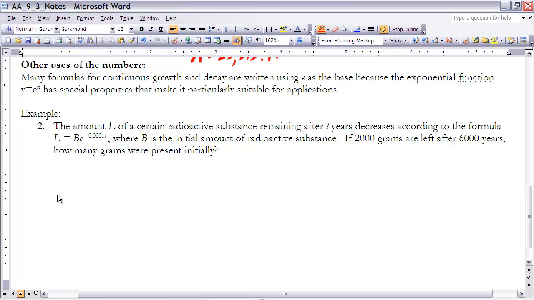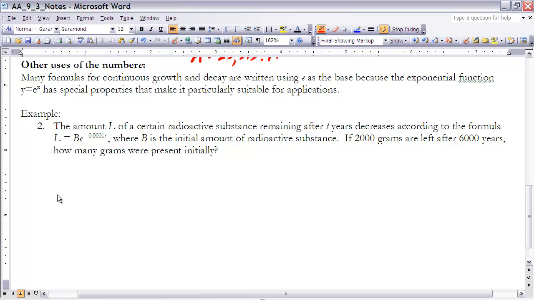The amount L of a certain radioactive substance remaining after t years decreases according to the formula L equals B e to the negative 0.0001 t, where B is the initial amount of radioactive substance. If 2,000 grams are left after 6,000 years, how many grams were present initially?